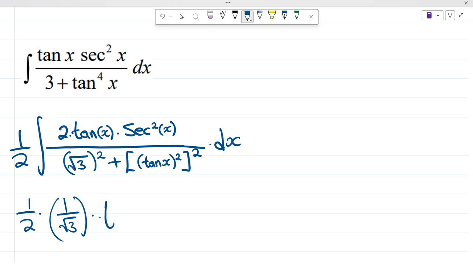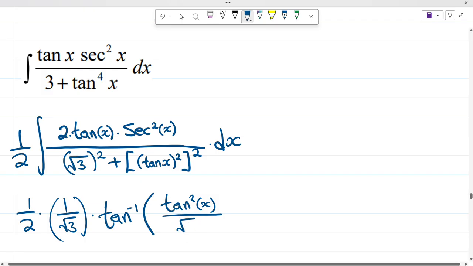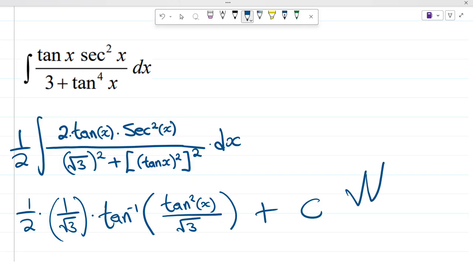So this is going to be tan inverse of tan squared of x divided by a, being root 3, and then plus c. Ta-da! I have my answer there. So that's just it. I hope you understand the thing.